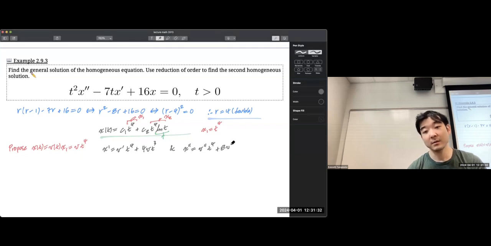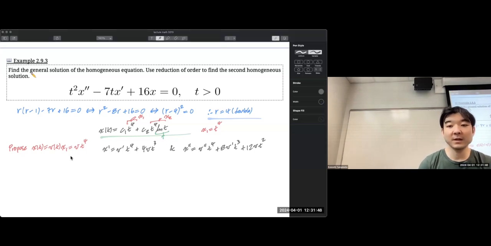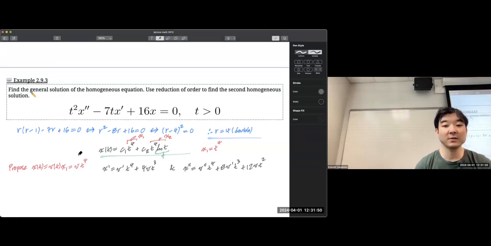I'm just combining terms. And then the last one's going to be 4, but then the 3 comes down, so it's 4 times 3 is 12, and then it's going to be t squared. You can confirm this if it's hard for you to see this immediately right now. It is just taking the derivative.